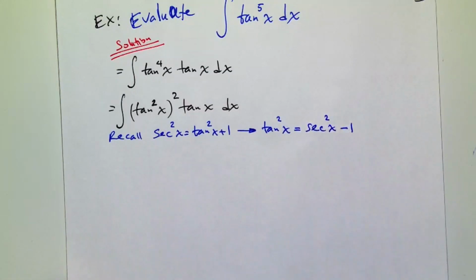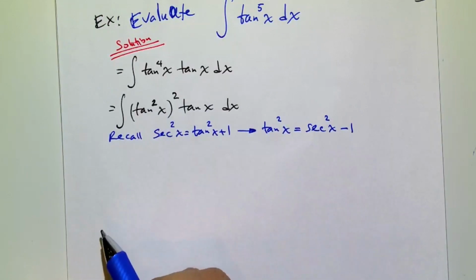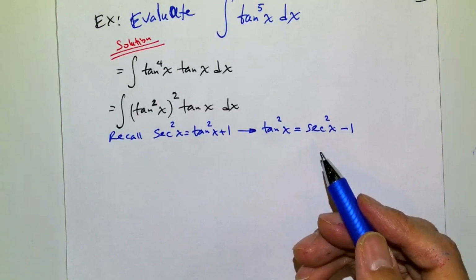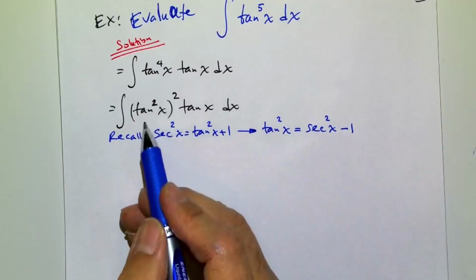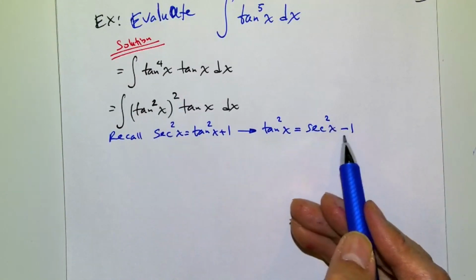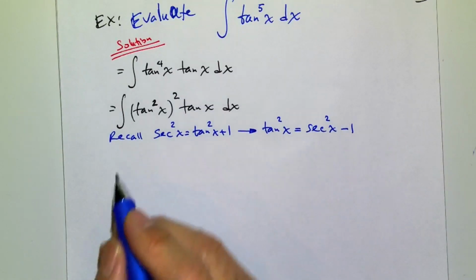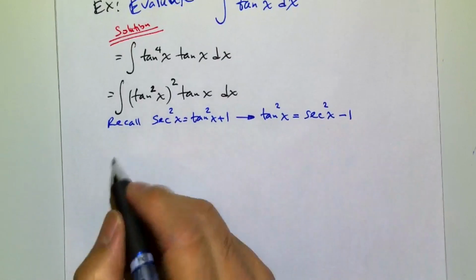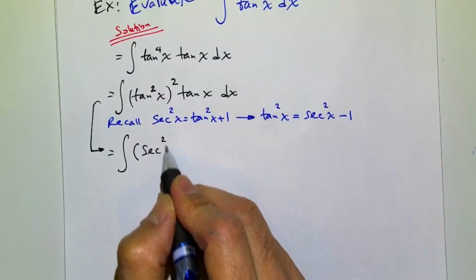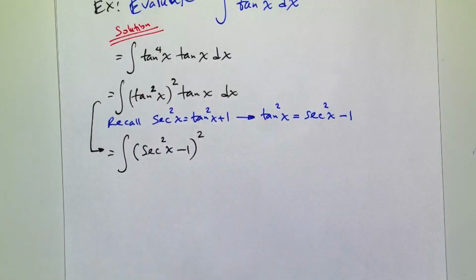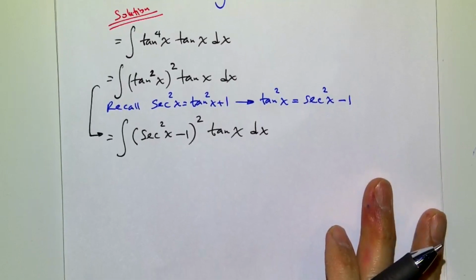Now we can substitute for tangent squared x with this equivalent. And you know what's coming up next: after we substitute tangent squared x with secant squared x minus 1, we'll pick u equals secant x. So we have secant squared x minus 1, squared, times tangent x dx.